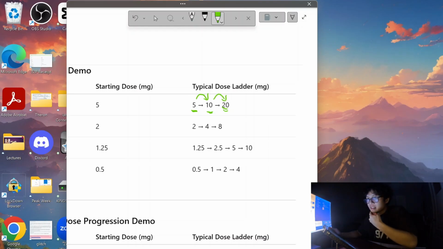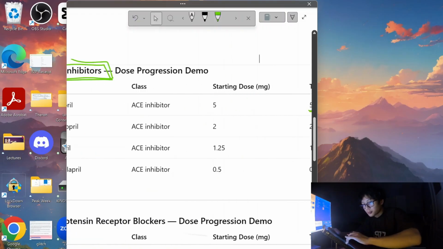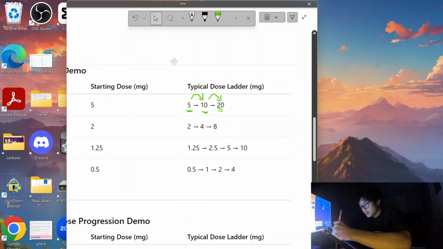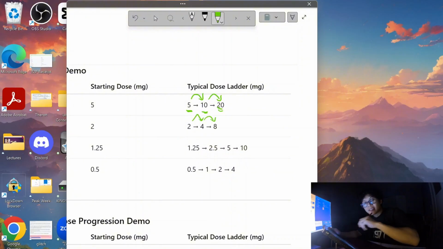So I realized here that the relationship between each of the strengths is that the initial strength of lisinopril is doubled to get the middle strength. Okay, and the same pattern goes for perindopril as well, I believe. The strength doubles from 2 to 4, and then from 4 to 8.